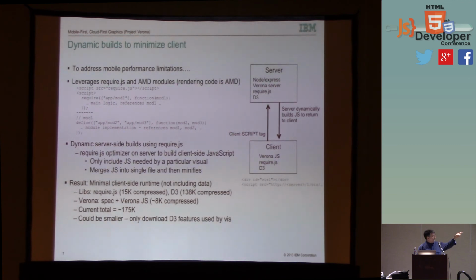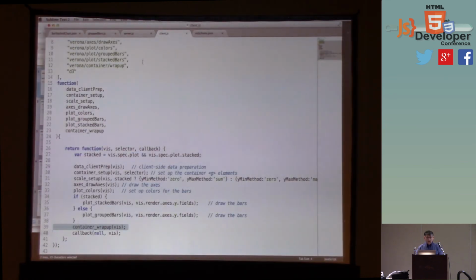That mod 1 there, you start off with a define, and you list its dependencies. In this case, mod 1 is dependent on module 2 and module 3. And then up at the top, in your main line, you require the high-level module, module 1. So I'm going to show you here.